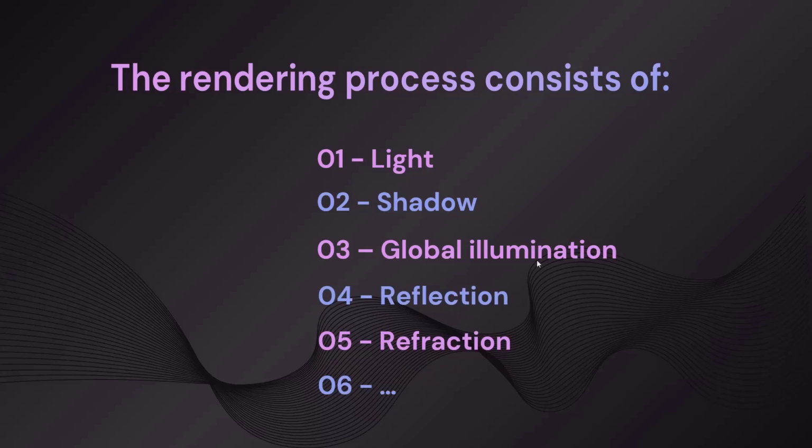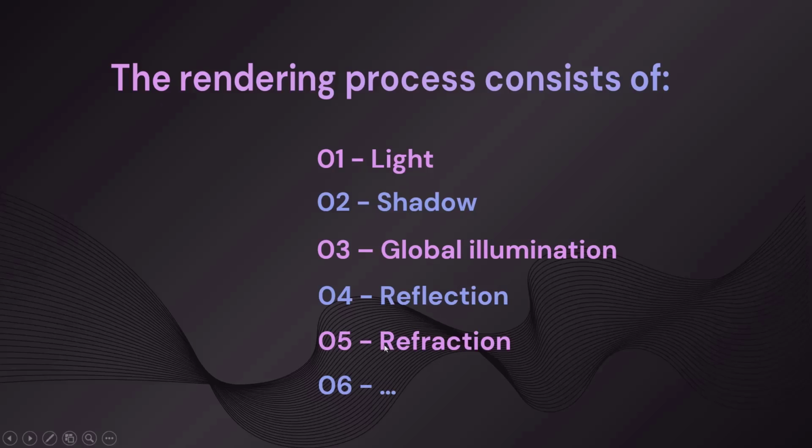If you don't really know what reflection is, it's when you're standing in front of a mirror and seeing yourself. And refraction is when you are looking through a see-through material like window glass, and what you see is refracted to some degree.